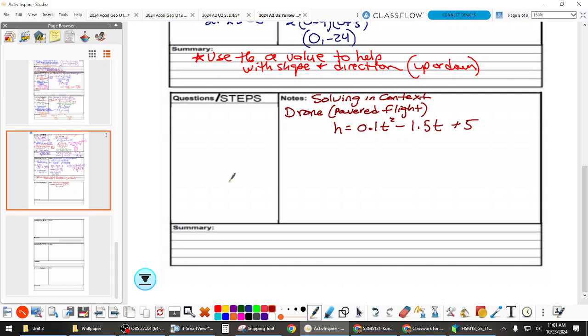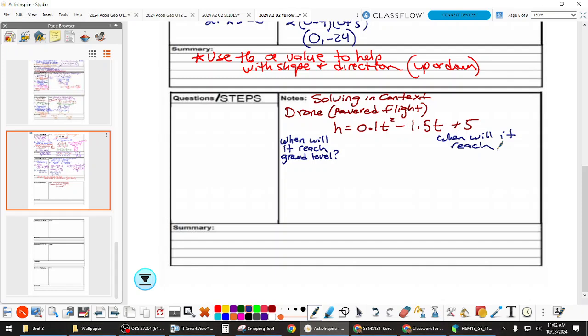So we'll ask, when will it reach ground level?